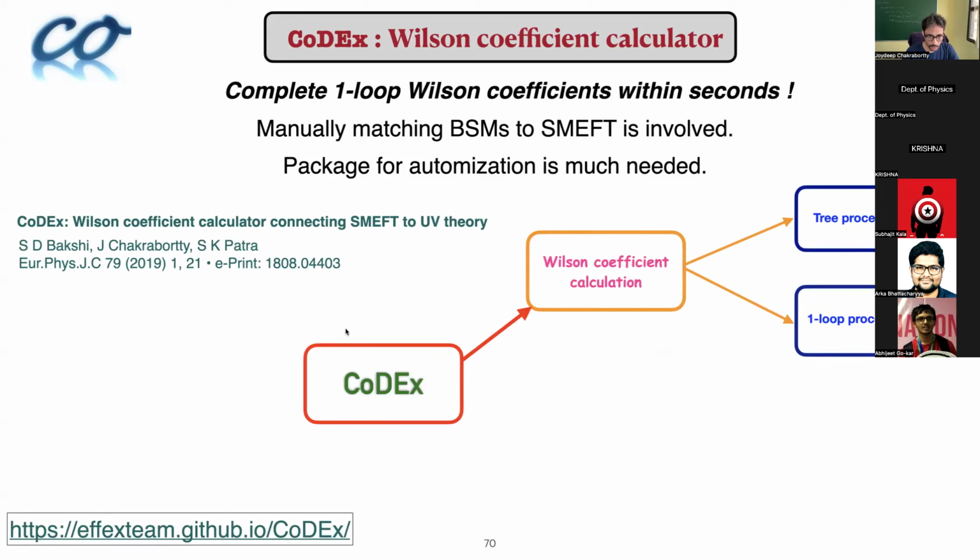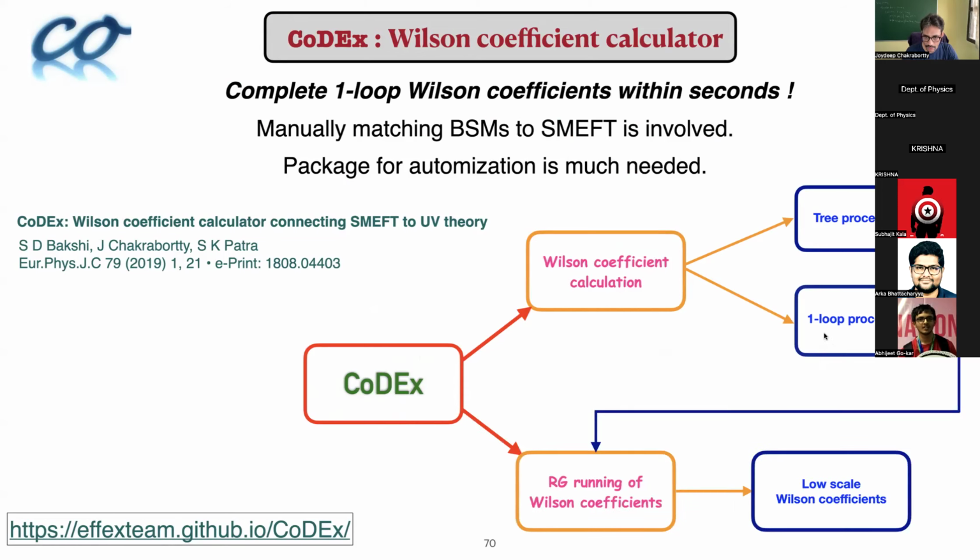In this program, CoDEx, it calculates the Wilson coefficients, and from there you can calculate the tree-level operators only, or also operators up to one loop. Not only that, the matching scale is basically lambda, the cutoff scale, but your experimental data may be at a much lower scale. So you have to bring all the operators to that low scale, and that's why you have to perform the running of those effective operators.